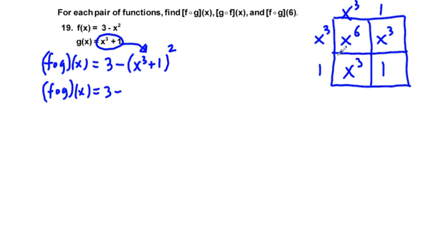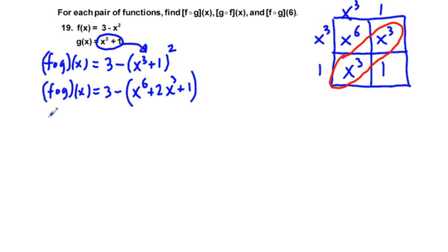And so we have x cubed and x cubed as like terms. So we're going to put this in place. We're going to have minus x to the 6th plus 2x cubed plus 1.